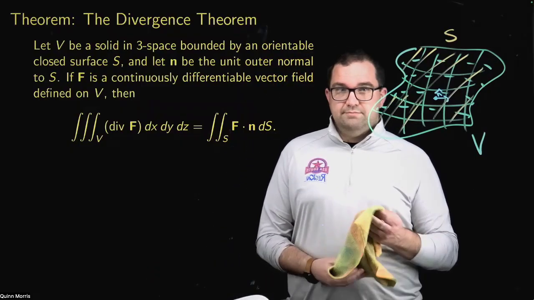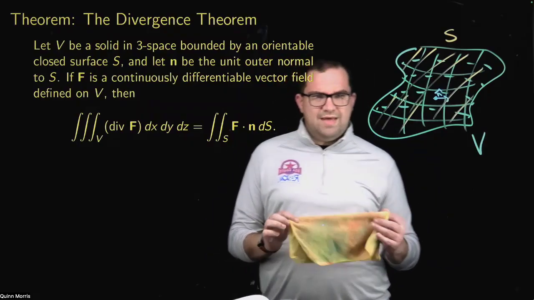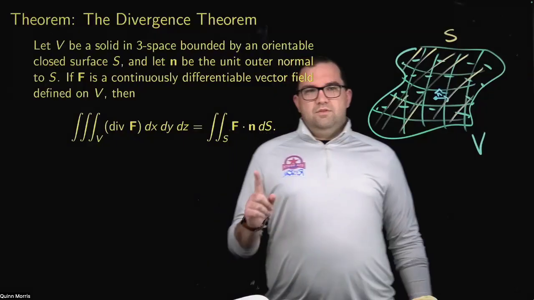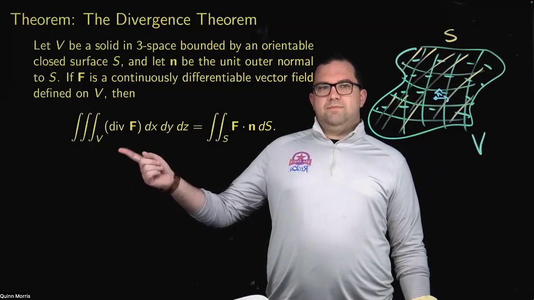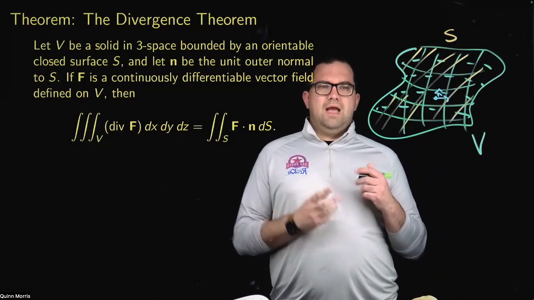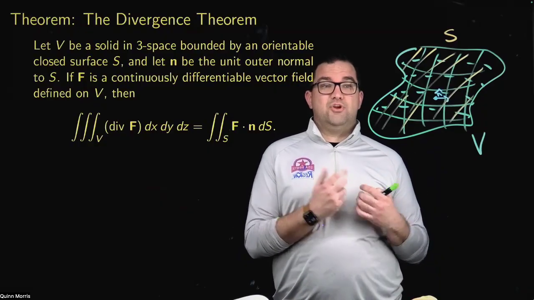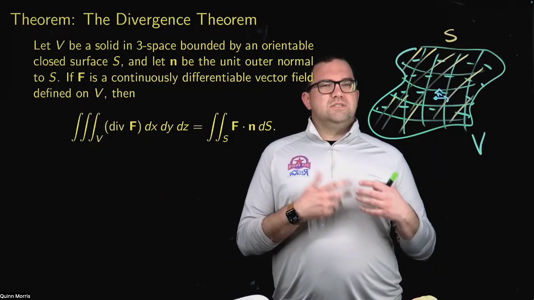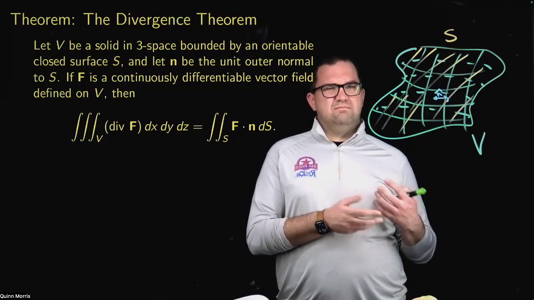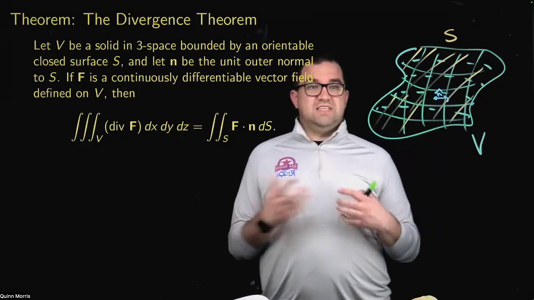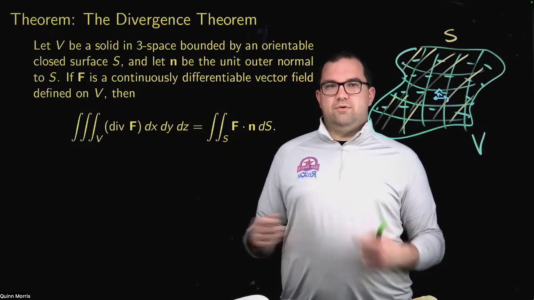We'll certainly want to prove it. Before we do that, though, I want to take a slightly closer look at this. F is a vector field, and we've now seen at least two notions of taking a derivative of a vector field. The curl of F was somehow a derivative of the vector field, and now we have this divergence thing, which is also like a derivative of a vector field.